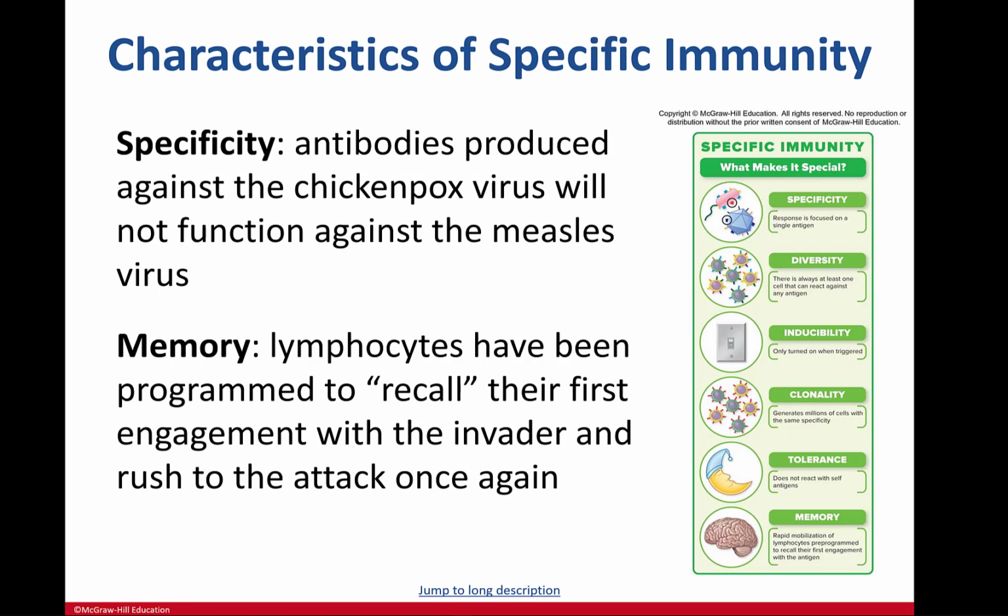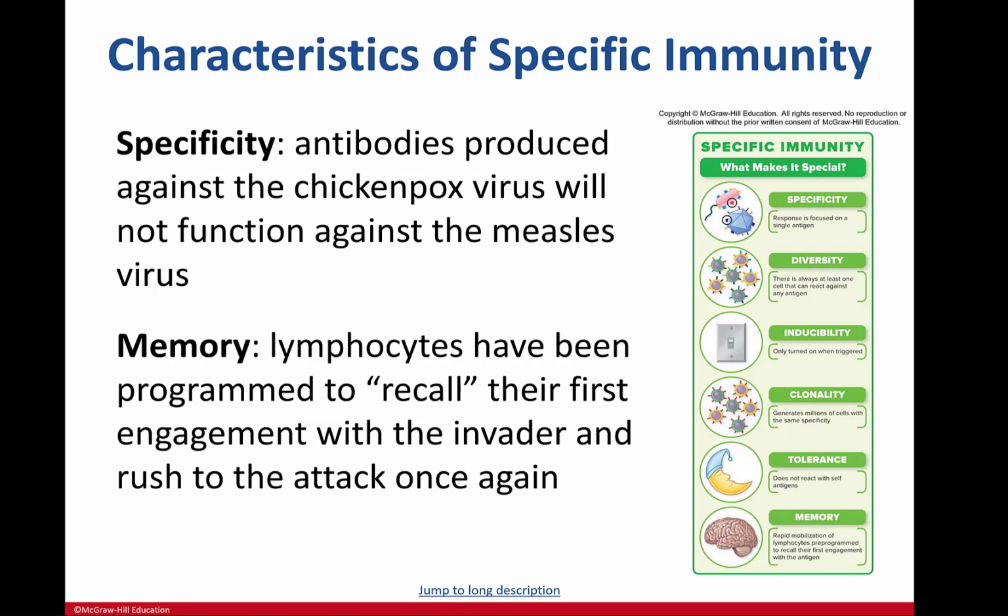Characteristics of specific immunity: antibodies are produced. It's like the chickenpox virus or measles virus, and we get that specificity, and it'll go after those. It can be totally different things, and we make a set of immune responses to each, and it just adds up. Memory is a very important characteristic.